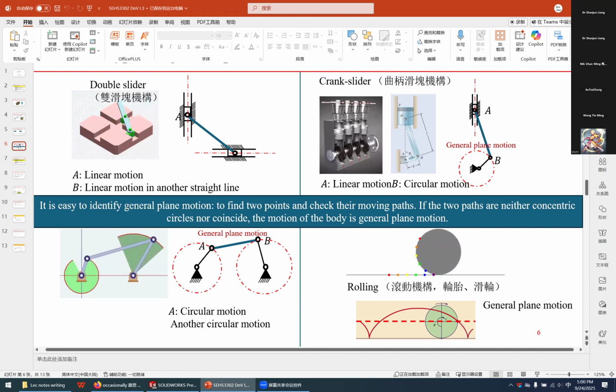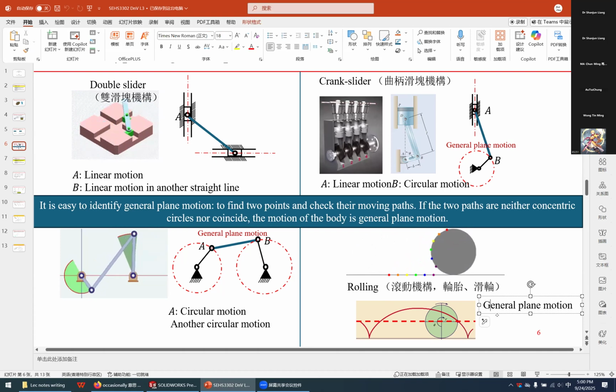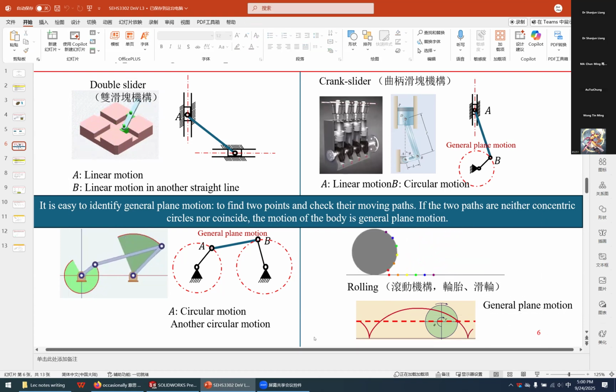Therefore, we call rolling another type of general plane motion. These four types of general plane motion contain almost every aspect of general plane motion, so it's very useful for problem solving. That's why we summarize them together here. Okay, let's continue.